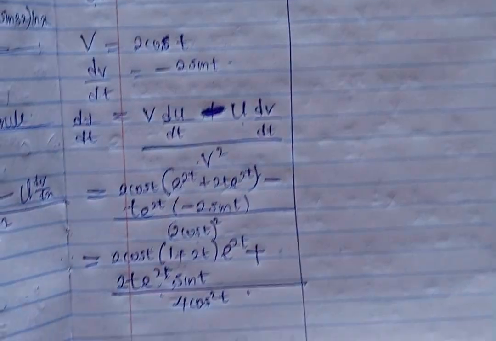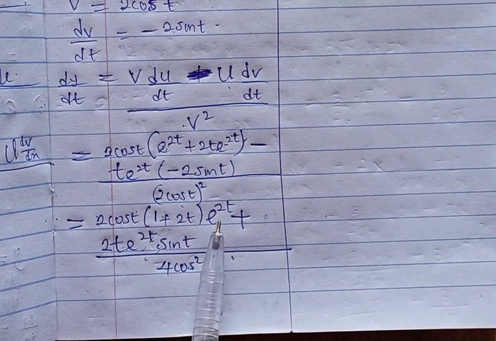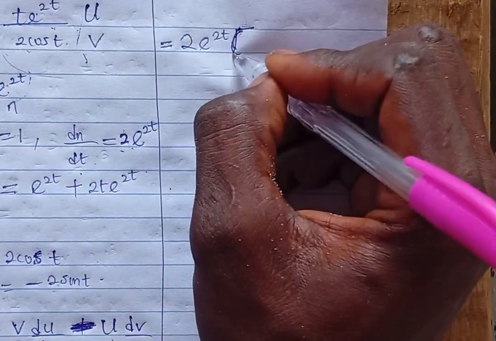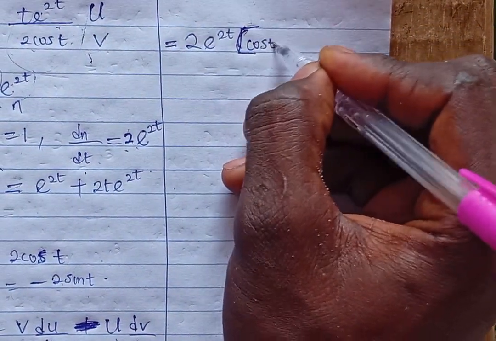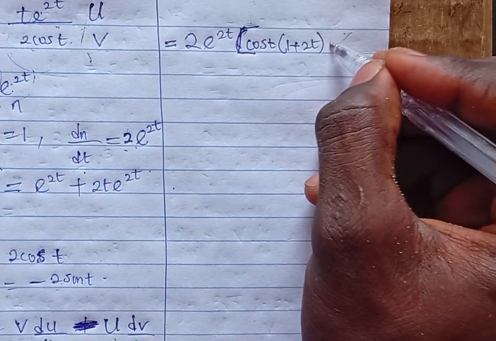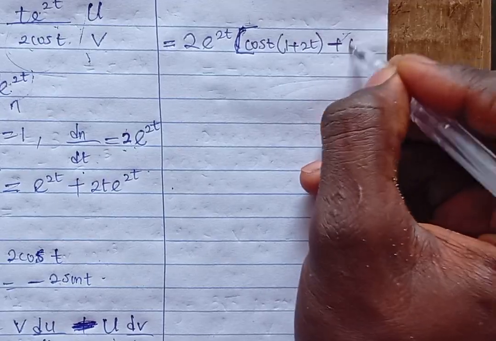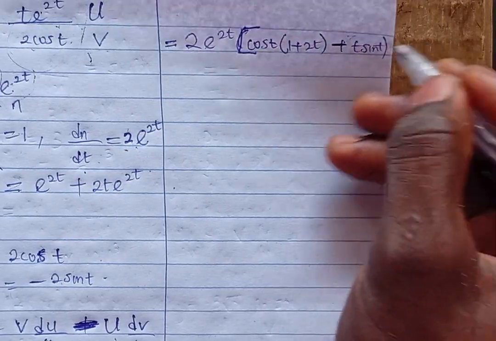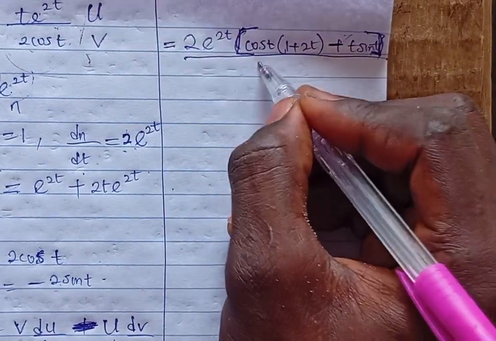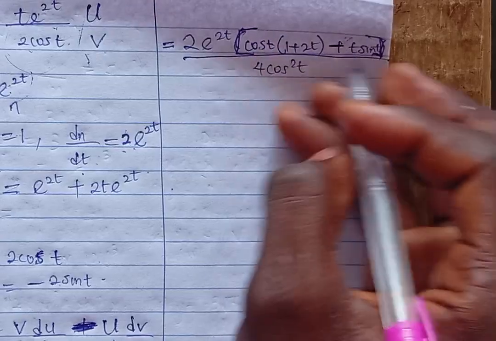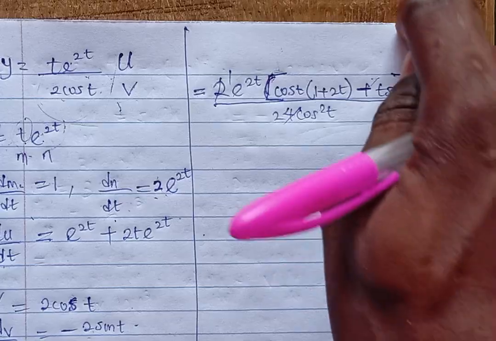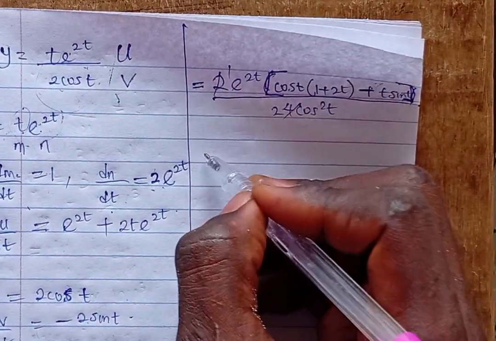Here it will remain cos t into 1 plus 2t, plus t sine t, everything over 4 cos squared t. So 2 can cancel 2 here, and it remains 2.